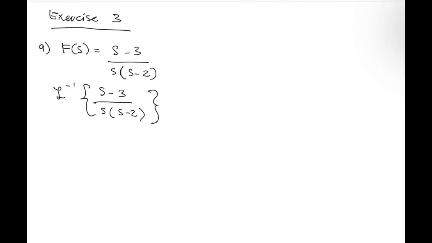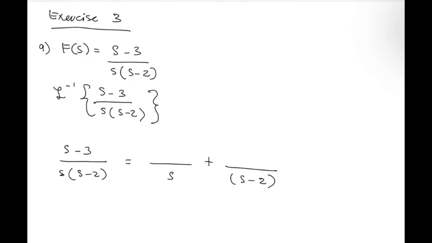First, let's break down the fraction into partial fractions. So let's write S minus 3. We want to decompose into partial fractions. So the first one we have S, second one we have S minus 2.